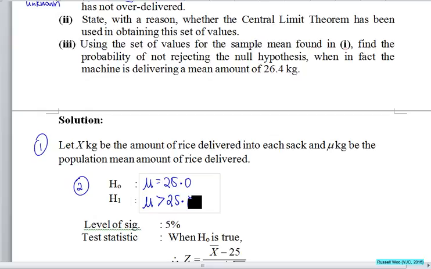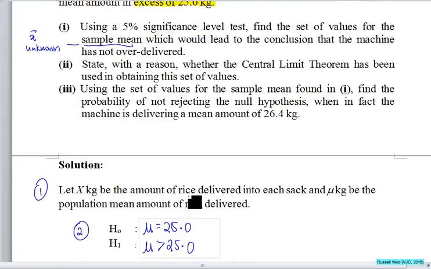I know some of us may be a little bit confused when you look at the question here. You say, I want to lead to a conclusion that the machine has not over-delivered. I think it all makes sense. Why? If you reject H0, what are you saying?